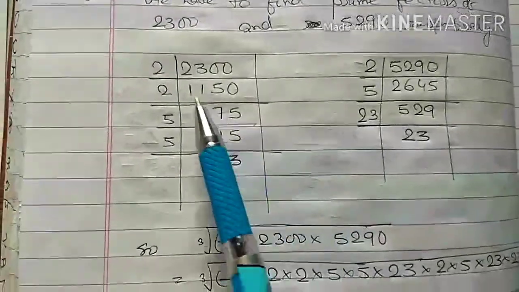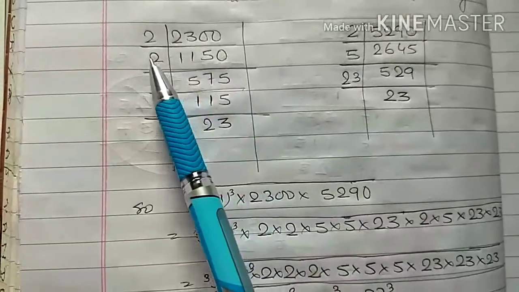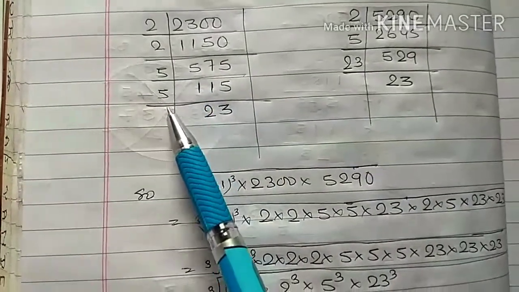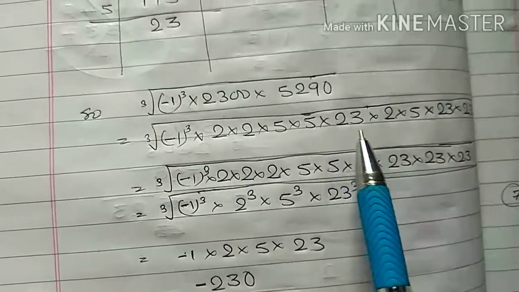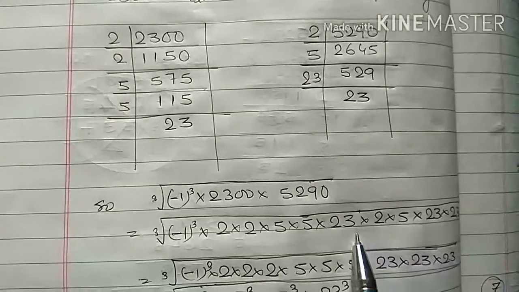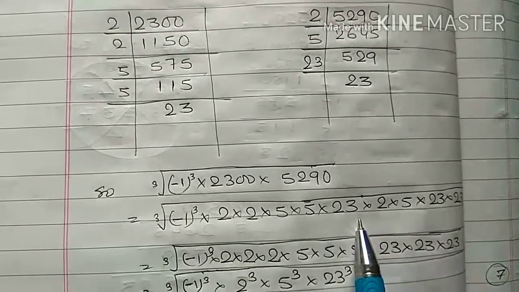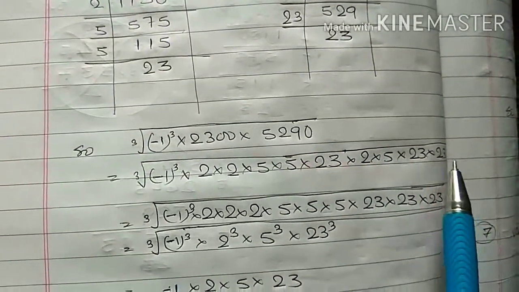As we have got the prime factors of 2300 as 2 into 2 into 5 into 5 into 23, that's why I have written 2 into 2 into 5 into 5 into 23. And of 5290 we get 2 into 5 into 23 into 23, so I have written 2 into 5 into 23 into 23.